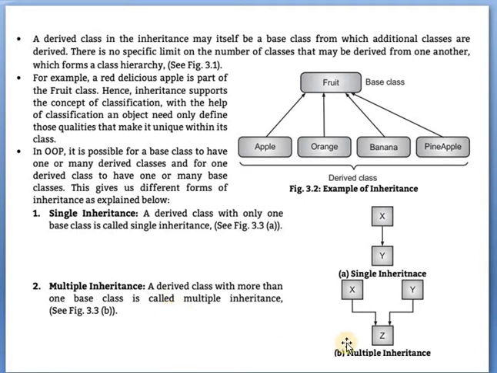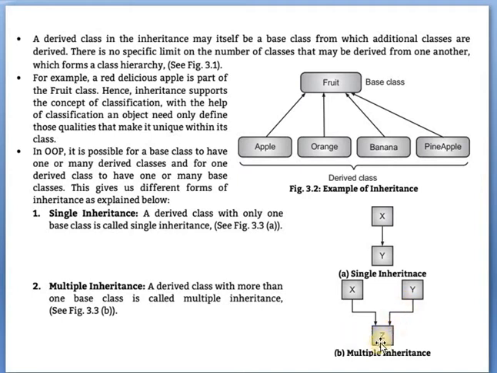Okay, now multiple inheritance. What is meant by multiple inheritance? See here, X and Y both are base classes, and Z is a derived class which is derived from both X and Y. This means Z, the derived class, has the features of both class X and class Y, because these are the base classes of the derived class.